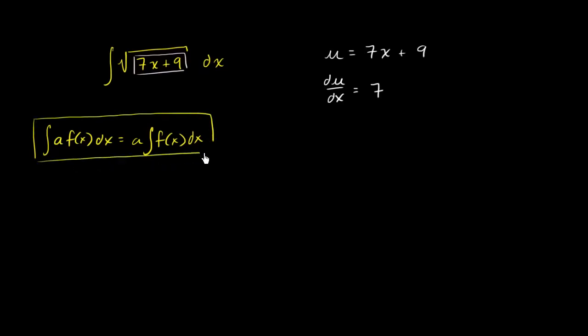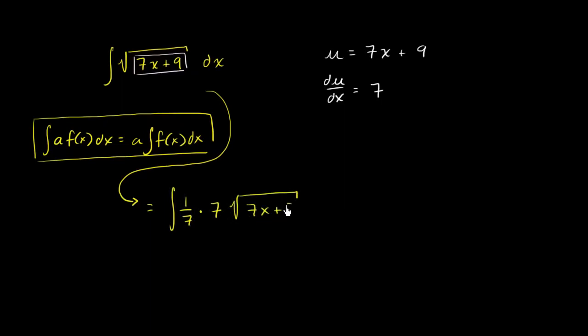So with that in mind, can we multiply and divide by something that will have a 7 showing up? Well, we can multiply and divide by 7. So imagine doing this. Let's rewrite our original integral. We could write our original integral as being equal to the integral of 1/7 times 7 times the square root of 7x plus 9 dx.